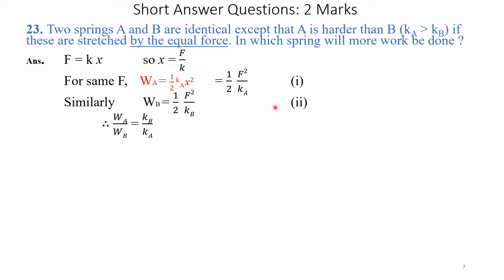Dividing equation 1 by equation 2, we get WA by WB is equal to Kb divided by Ka. As Ka is greater than Kb, as given in the problem, WA will be less than WB.